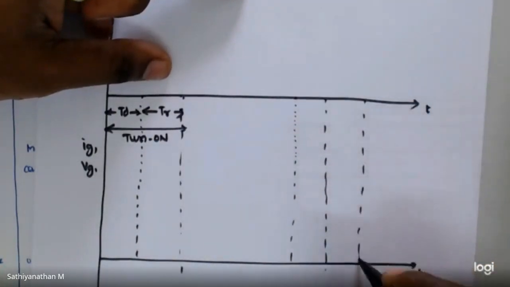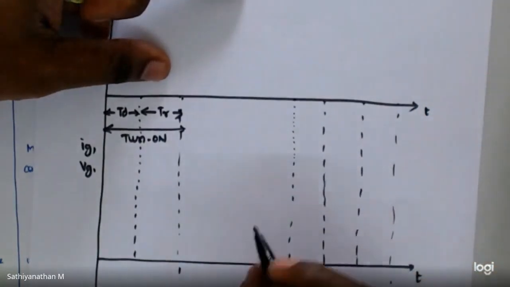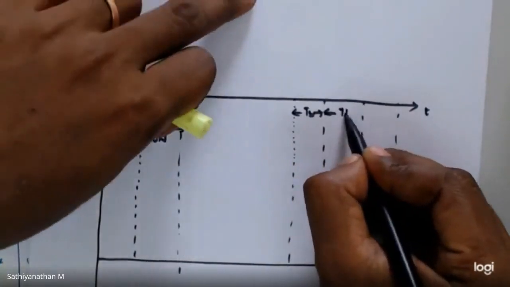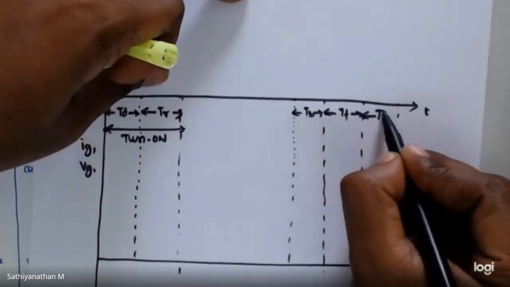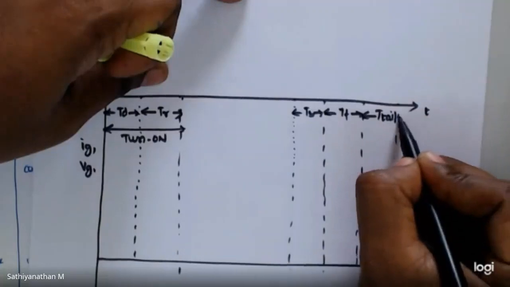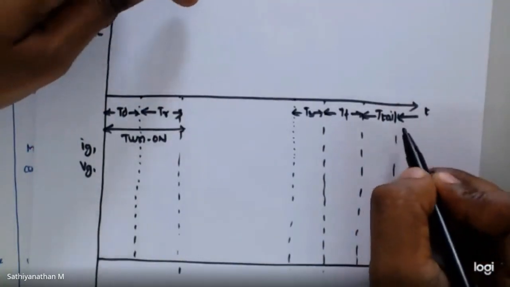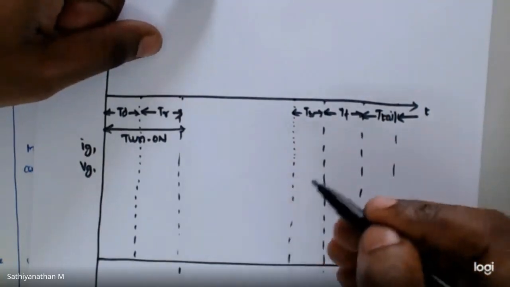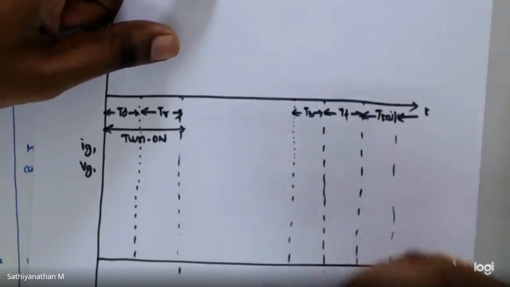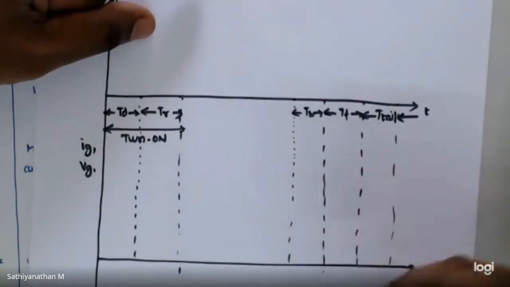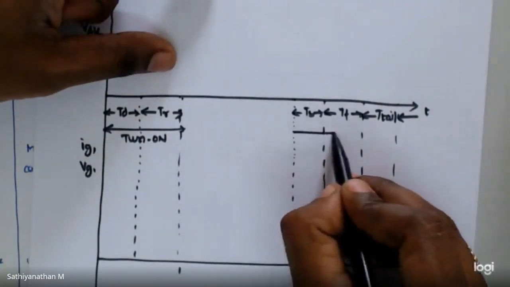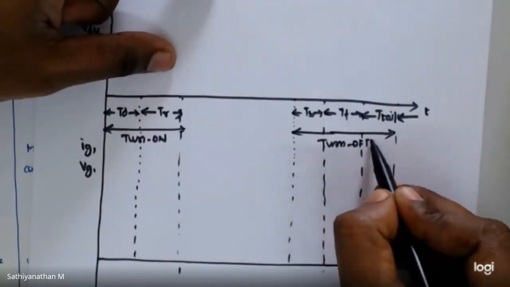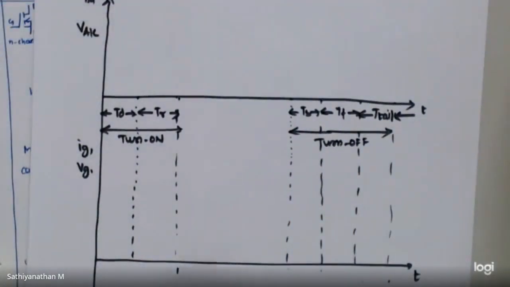One is storage time TS and TF, and we are including a new time period called tail time, during which your current magnitude will have some sudden rise during the turn off time period. So all together will decide the turn off time period of GTO.